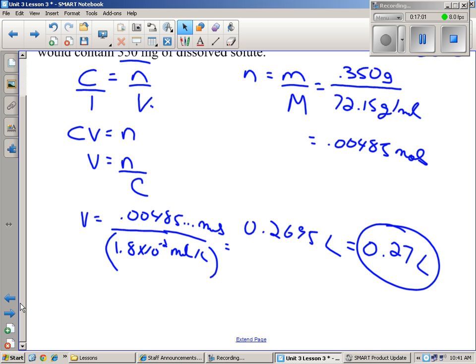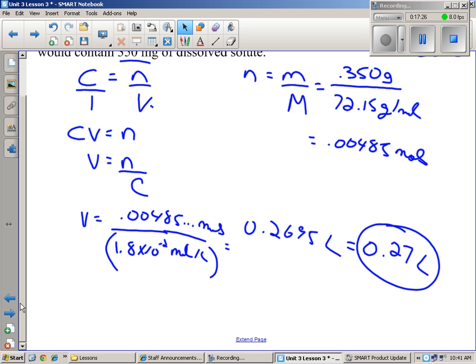Can you get more concentrated? Sure you can. But usually when we talk about these concentrations, they're usually smaller numbers because you don't need a lot of sugar, especially if it's a small volume. If you have just 100 milliliters, you don't want to put 5 grams of sugar in there, because it might not even all dissolve, right?